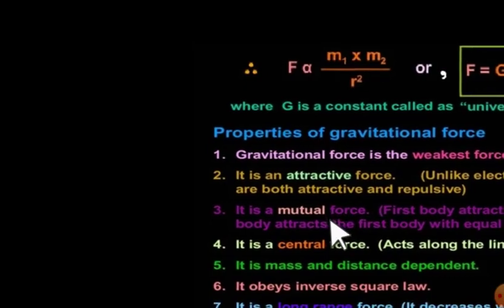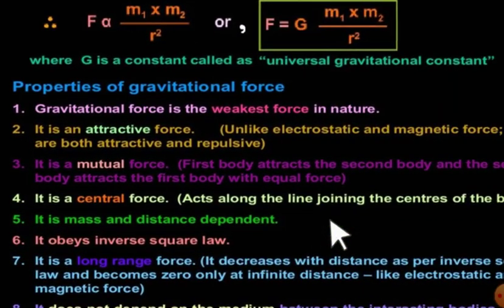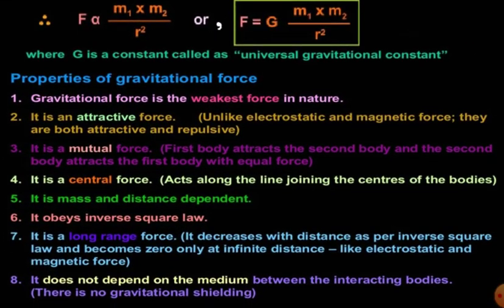Why do we call it the universal gravitational constant? Because this constant is applicable throughout the universe, as it belongs to Newton's universal law of gravitation. This law holds wherever the two objects are.